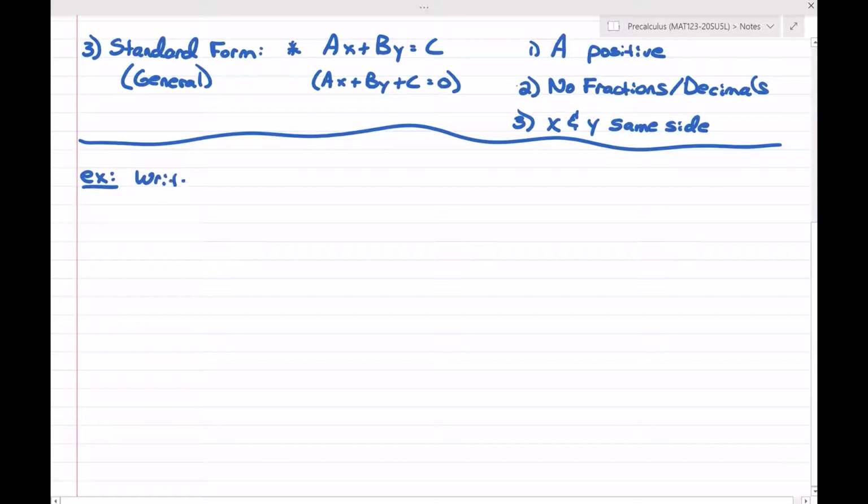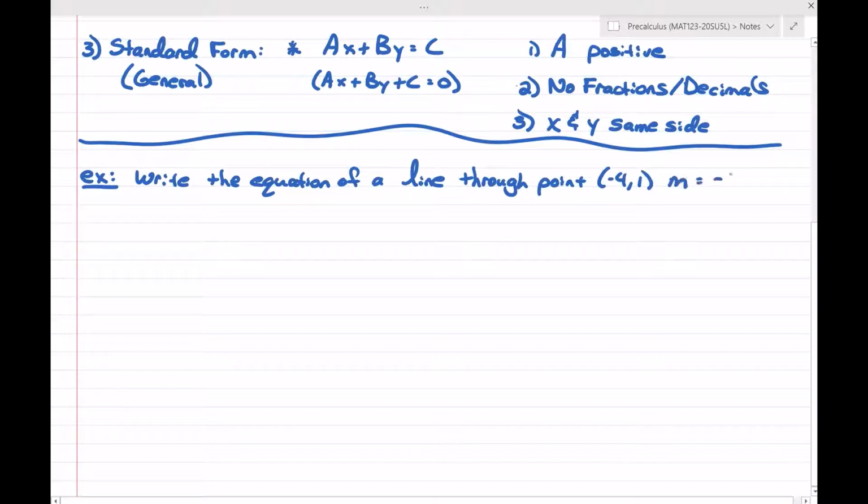Write the equation of a line through the point -4, 1 with a slope equal to -3. Okay, well, let's do it in three different ways.